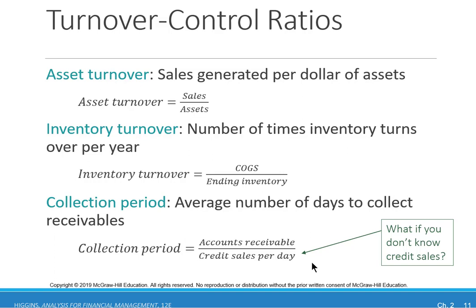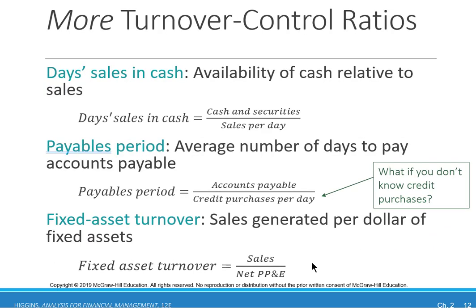It's a nice number to understand how our credit granting policies are working. We want to offer products, especially to businesses, on credit. There's no interest, but this is the way business to business works. So again, we want to know how efficiently that's working, and then we can analyze what the challenges or issues are. Next, we have the number of days sales in cash.